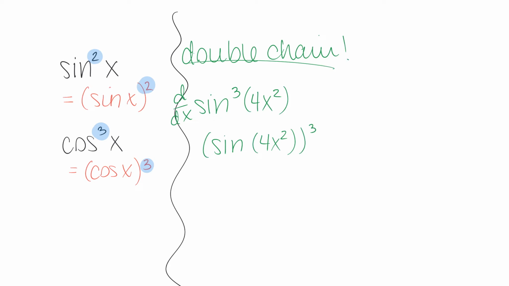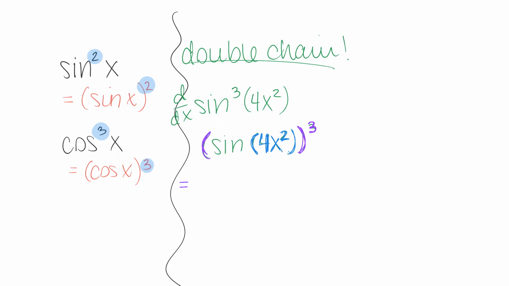Now, let's go back through. We've actually got a double chain, right? Because in here, we have 4x squared. See how we've got a purple layer followed by a green layer followed by a blue layer. So the first thing we're going to do is deal with purple.